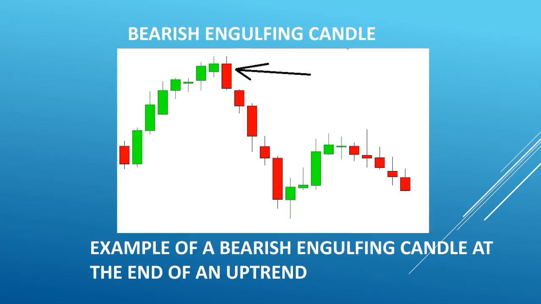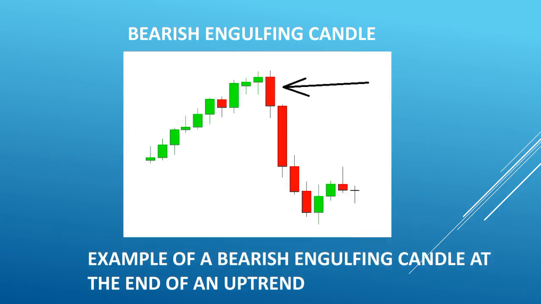After the candle with the arrow pointing towards it, we can see the development of about 4 longer red candles to tell us that the sellers, or the bears, took control of price and drove price down to form a new trend. So that is an example of a bearish engulfing candle.